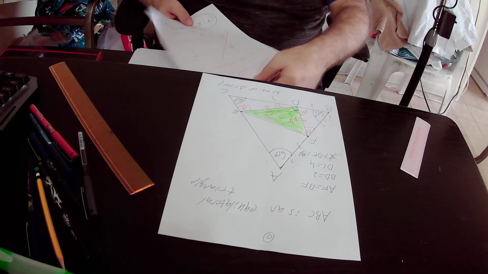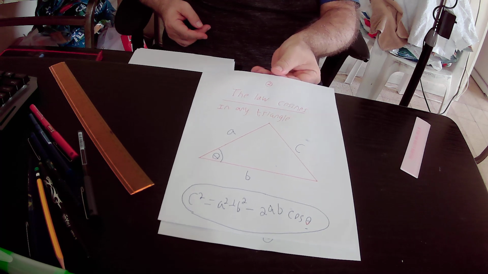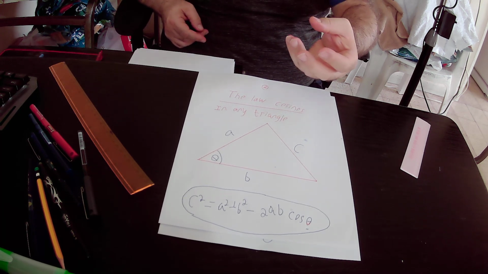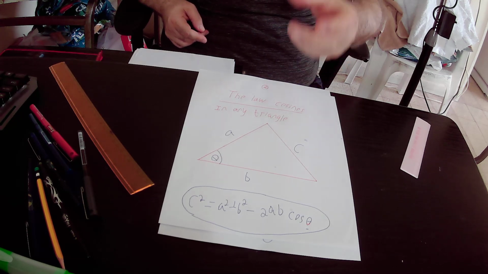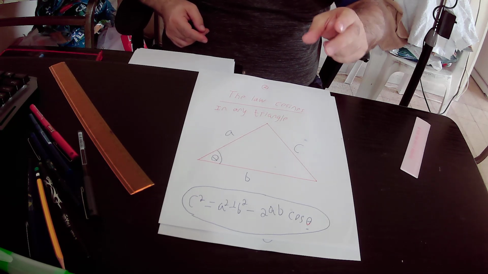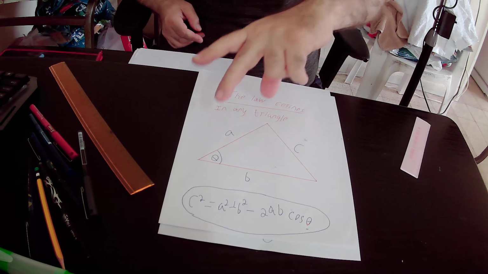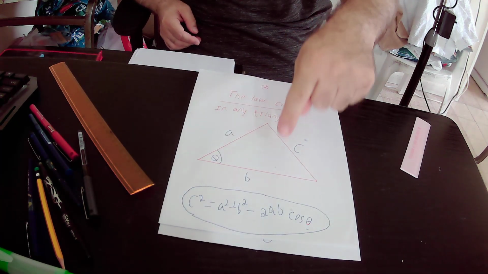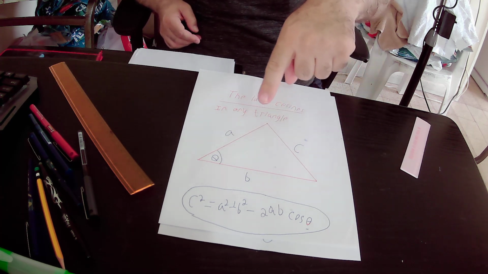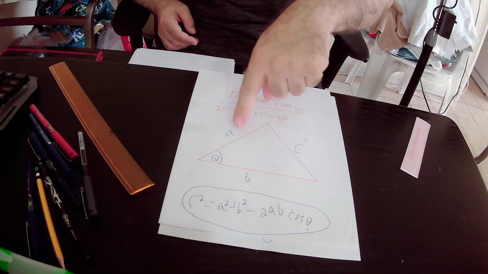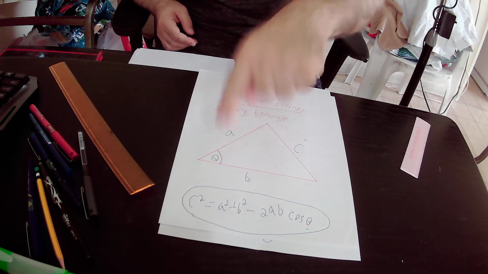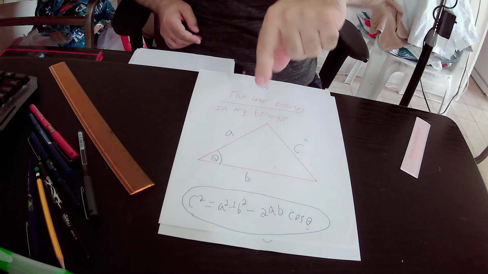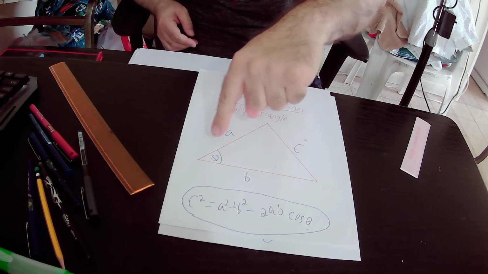According to the law of cosines, in any triangle the following relationship exists between the sides: C squared equals A squared plus B squared minus 2 times A times B times cosine theta, where theta is the angle between A and B.